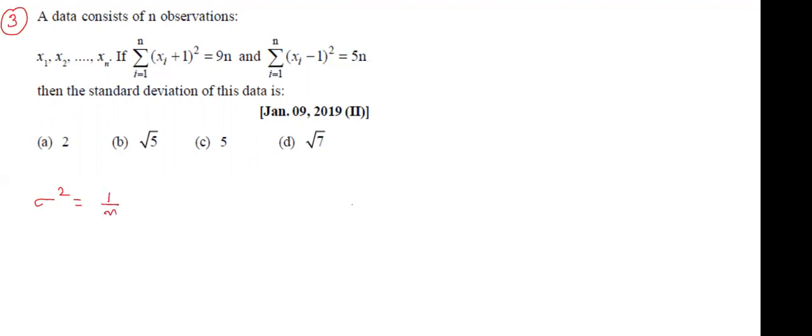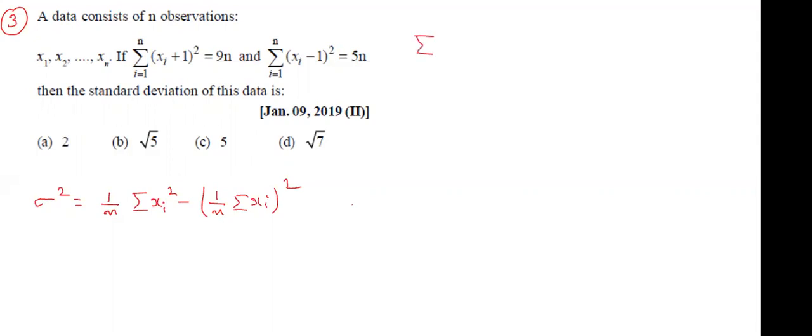1 by n sigma xi square minus 1 by n sigma xi whole square. This is the original variance formula. Now, one by one, we need to calculate.